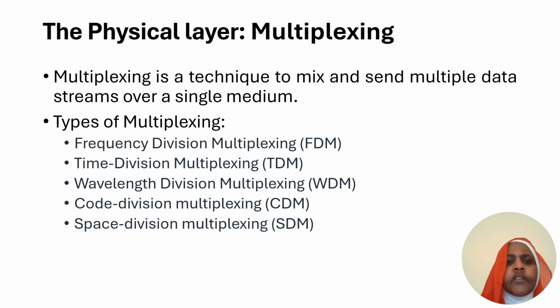There are multiple types of multiplexing: frequency division multiplexing, time division multiplexing, wavelength division multiplexing, code division multiplexing, and space division multiplexing. This is the subject, together with modulation and demodulation, of your writing assignment for this week.